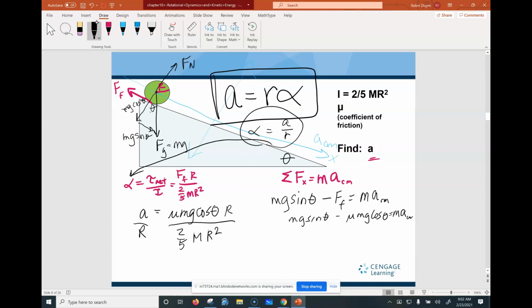And then at that point, you can get a value for A. The simplest I got for A was, you guys can check me on this, this R cancels with one of those R's, this cancels with this. Oh, and the mass cancels. So I got 5/2 mu g cosine theta.